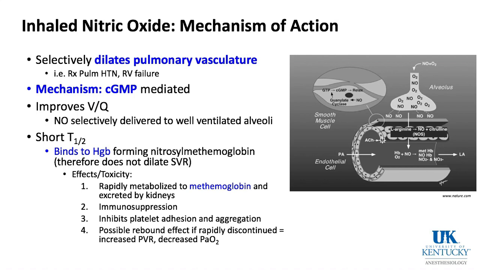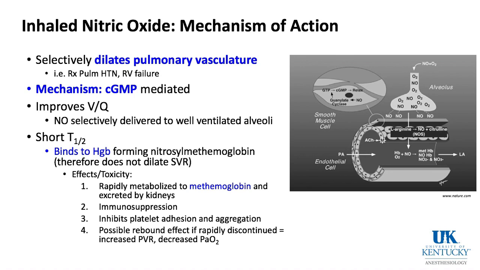Because as it crosses the alveolus into the capillary and then into the blood, it binds to hemoglobin and forms a complex, nitrosyl hemoglobin, and therefore it becomes inactivated by the time it gets into the left atrium, left ventricle, and pumped out into the systemic circulation. It's no longer free nitric oxide and doesn't vasodilate the systemic circulation.